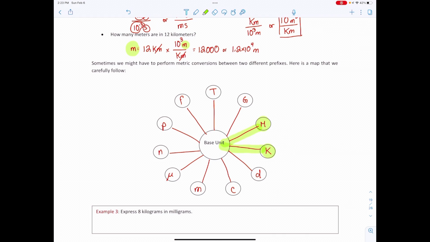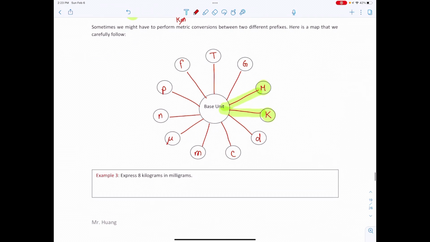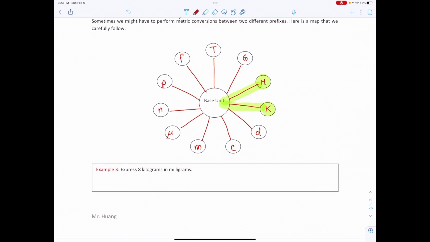And so let's take a look at an example. So we're going to express 8 kilograms in milligrams. Okay, so for this example here, I'm trying to go from kilograms to milligrams. Now if you look at this chart here, you'll notice that I have kilograms, which is right here. This is where I am.